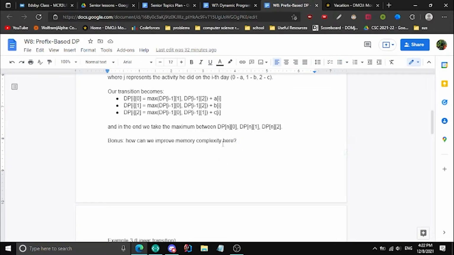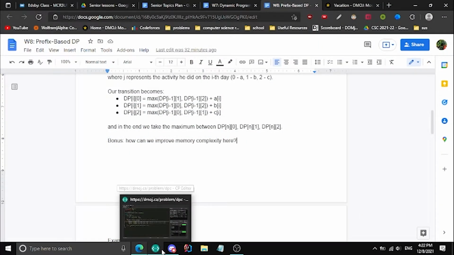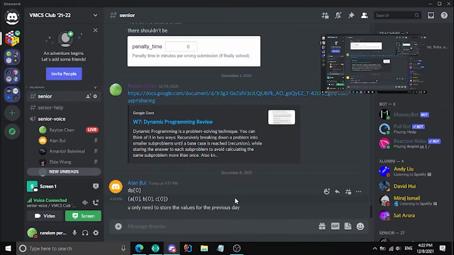Does anyone have any ideas as to how we can improve our memory complexity here? So how can we take less memory, or not even necessarily complexity, just... You only need to store values for the previous day.